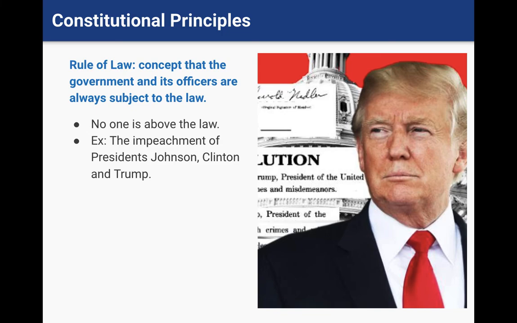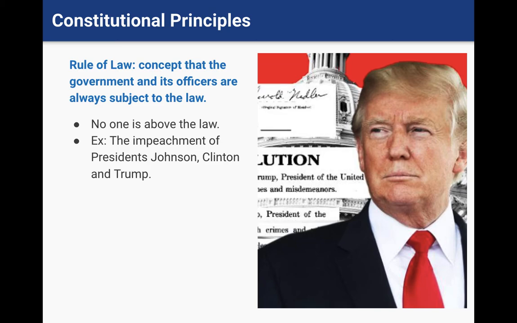There is a process sometimes with certain government officials as to how they can be held accountable. The president has some executive protections, for example, where he can't be charged with a crime while he's in office, but Congress does have the ability to remove him from office, and then he can be charged with a crime.